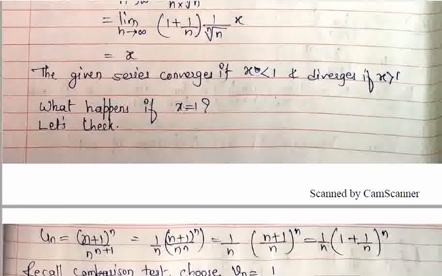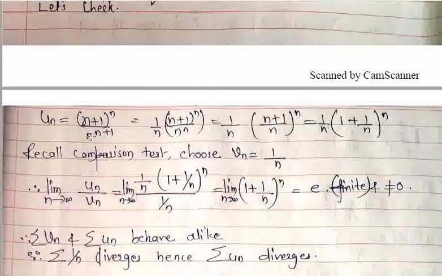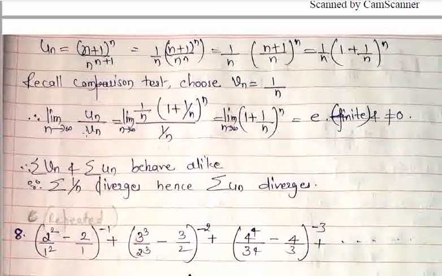So what happens if x is equal to 1? You choose the comparison test. So you have un here, you have vn. So vn is going to be 1 divided by n, the denominator which is 1, the numerator which is 0. So 1 minus 0, which is 1.